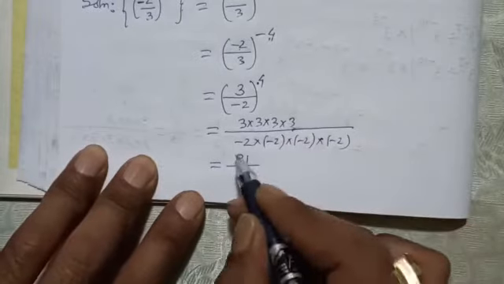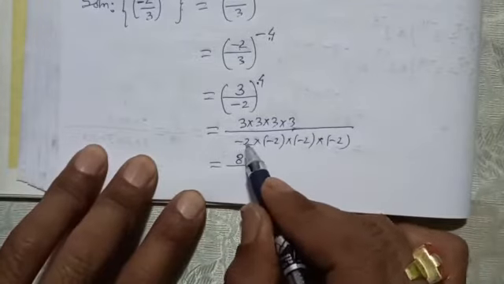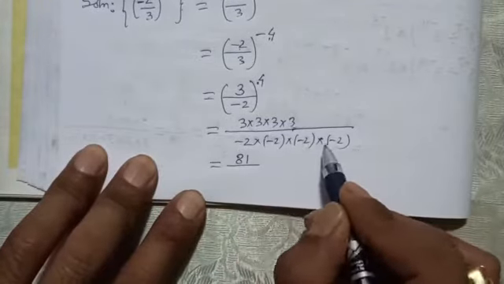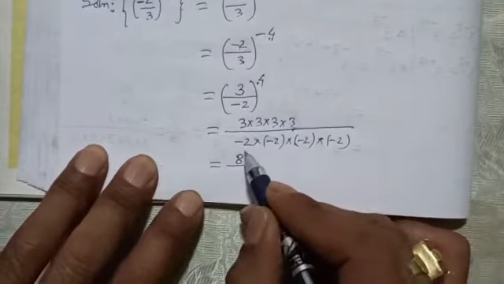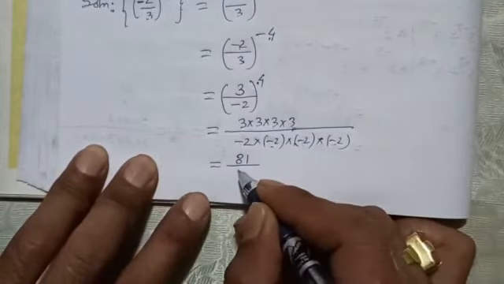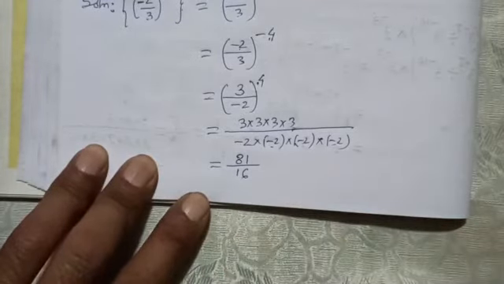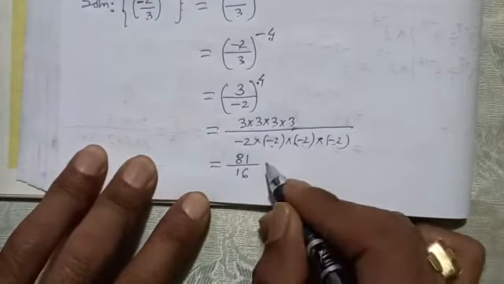Now let us multiply this. First let us see the minus sign. Minus into minus is plus, minus into minus is plus, so now plus sign. 2 times 2 is 4, 4 2 times is 8, 8 2 times is 16, so we are getting 81 by 16. And this is the answer.